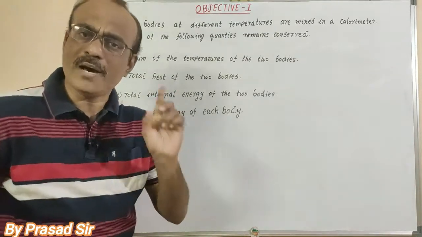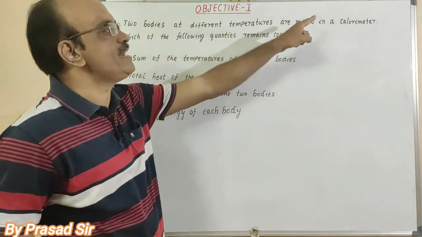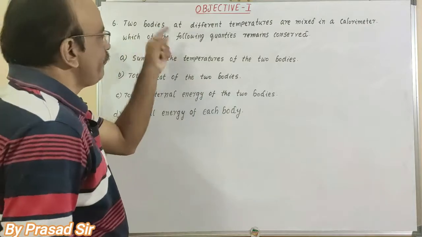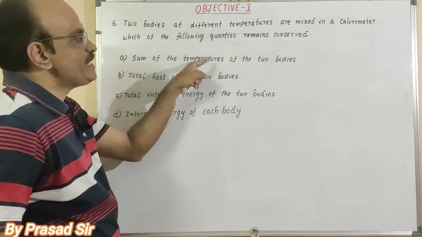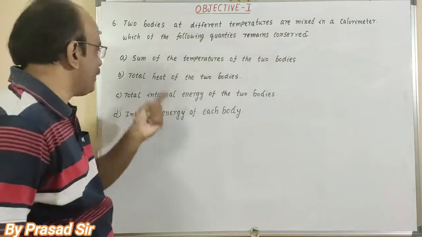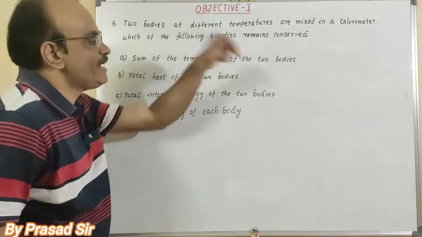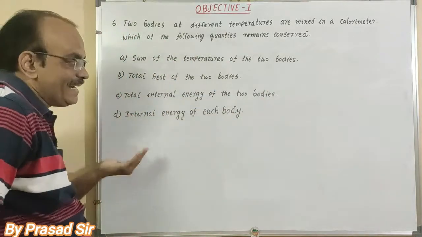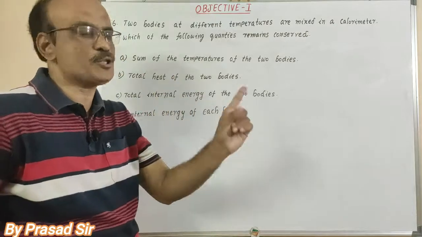Question number 6. Two bodies at different temperatures are mixed in a calorimeter. Which of the following quantities remains conserved? A. Sum of the temperatures of the two bodies. B. Total heat of the two bodies. C. Total internal energy of the two bodies. D. Internal energy of each body. So first we will check the first option.